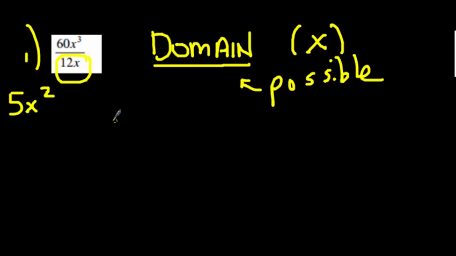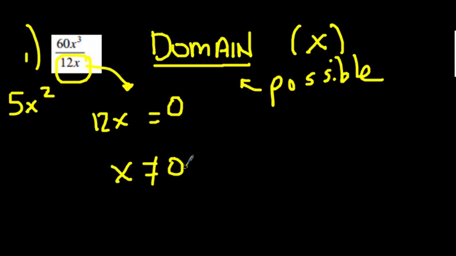So if I set the denominator equal to 0, because I cannot have a 0 in the denominator, in this case x cannot be equal to 0.